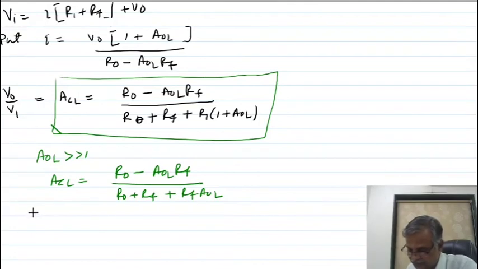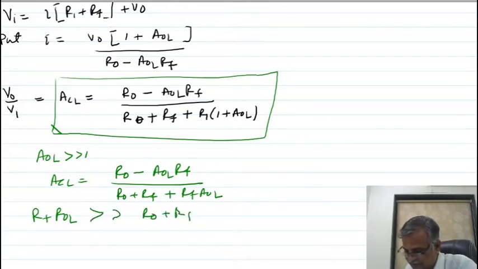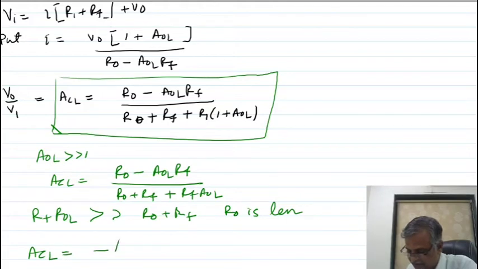Now R1 AOL is much greater than RF plus R1, and RO is very small. So the above equation can be written like this.